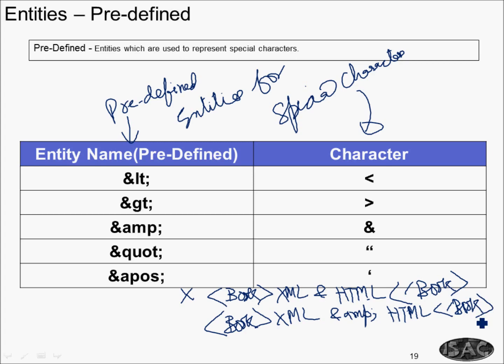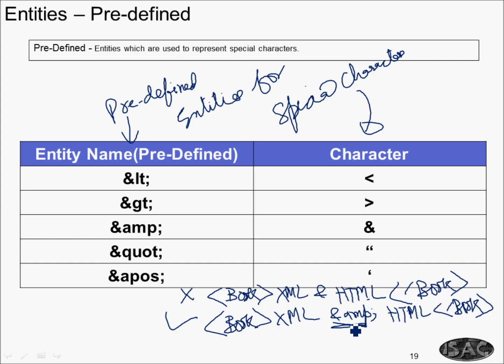Now this will work fine, because special characters cannot be put just on their own. It has to be ampersand amp semicolon, because the moment you put this character, it assumes that this is one word. This means ampersand. So that is the predefined entity.